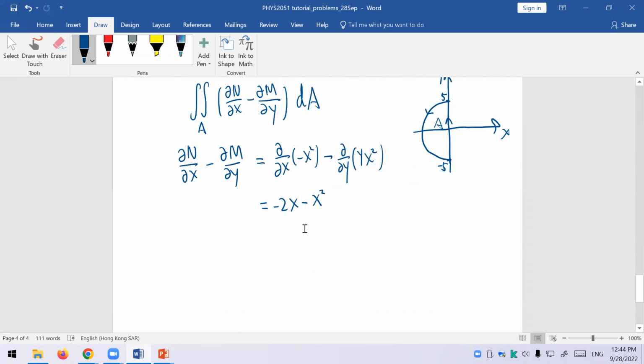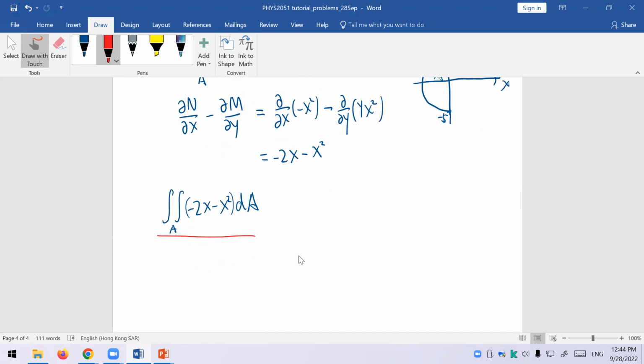So that means I'm considering the double integral of this function. Okay, you can see that I don't write dA as dx dy because maybe you know what I'm trying to do next is to actually use polar coordinates. Because when I arrive at this point, I don't need to worry about the lines or the path anymore, right?